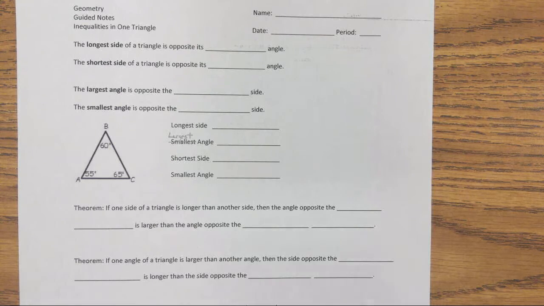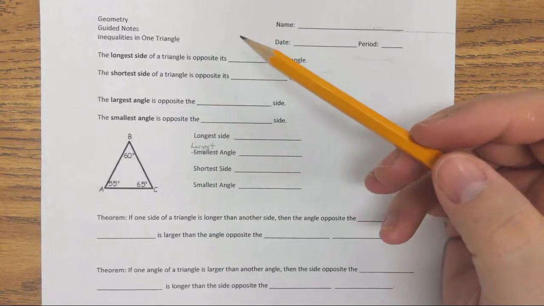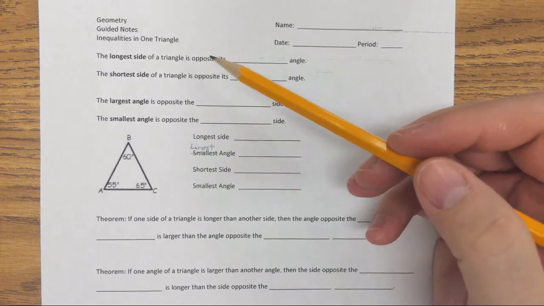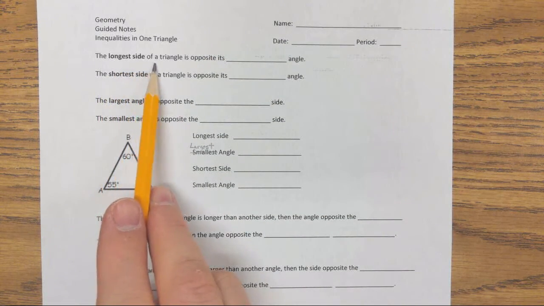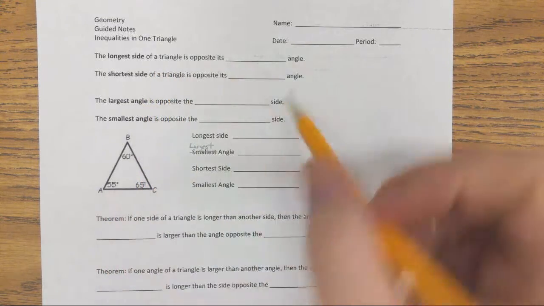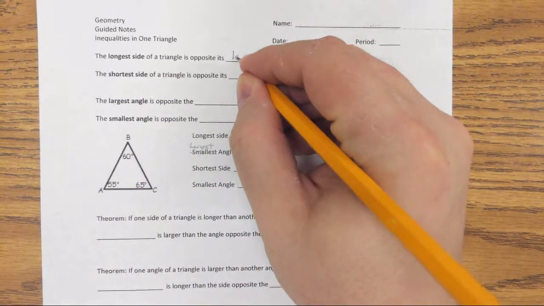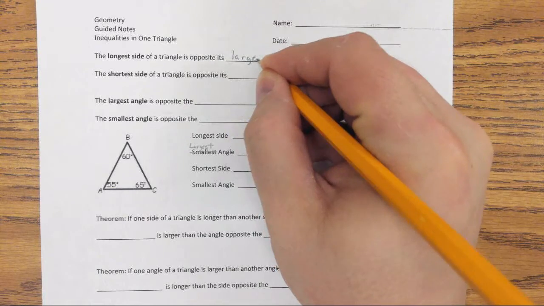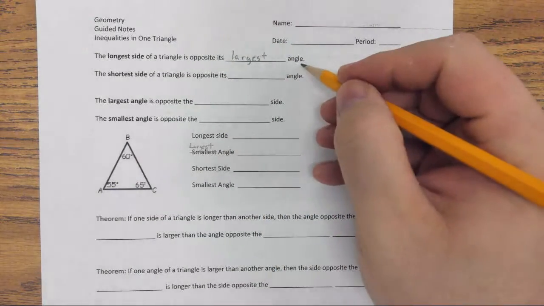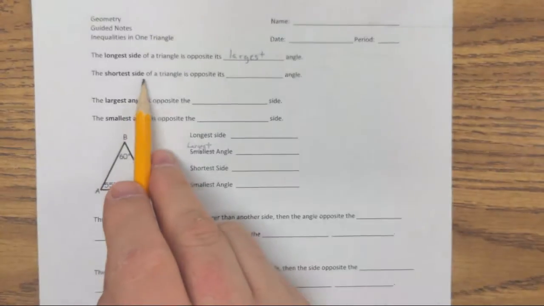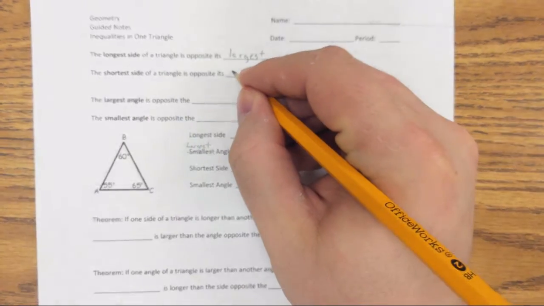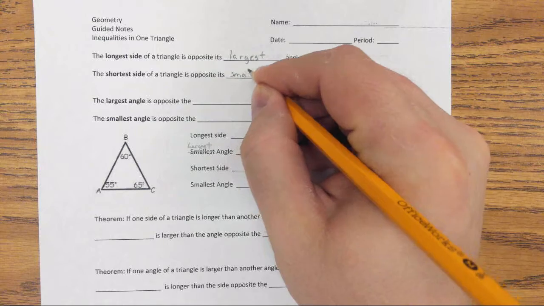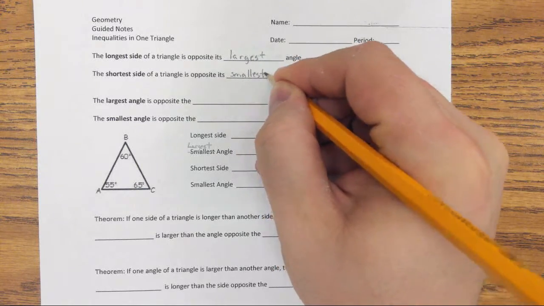So here we go. Here's some ideas that you need to be thinking about. The longest side of a triangle is opposite its largest angle, and the shortest side of a triangle is opposite its smallest angle.